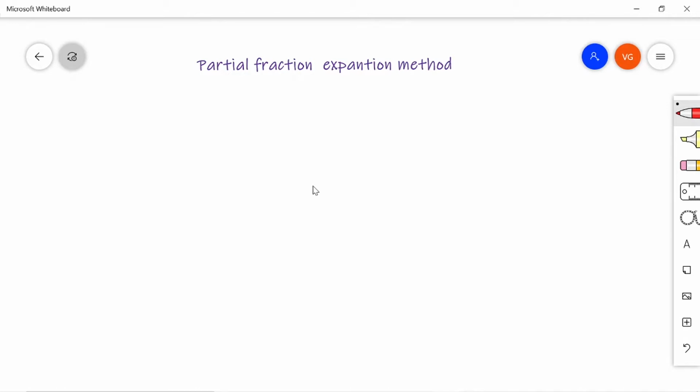Here in partial fraction method, suppose you are given x of z, where both the numerator and denominator are polynomials of z, that is f of z by g of z. So x of n can be found from this x of z by using partial fraction expansion approach.